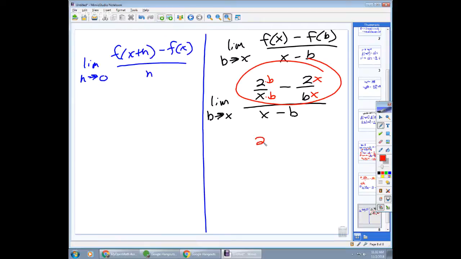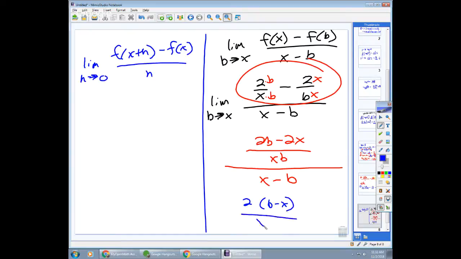So I get 2b minus 2x over xb, and all of that is over x minus b. You could factor a 2 or a negative 2 out of the top. If I factored a 2 out, then I would get 2 times b minus x over xb. And another way of dividing by something is multiplying by the reciprocal, so I could write it that way.